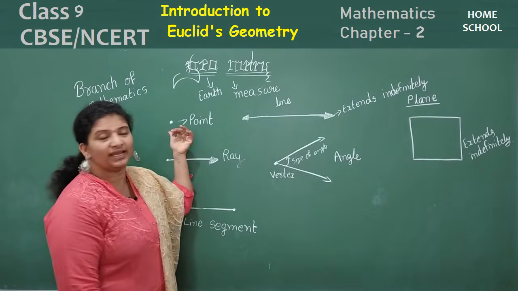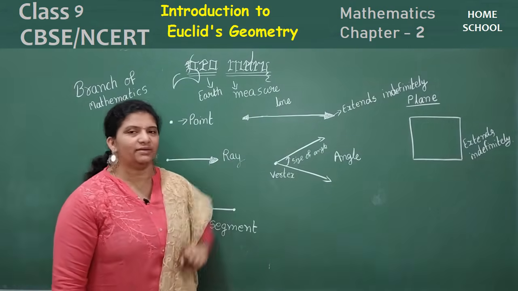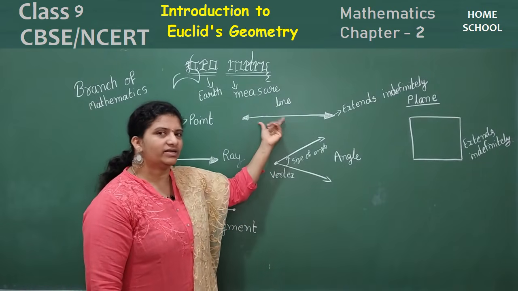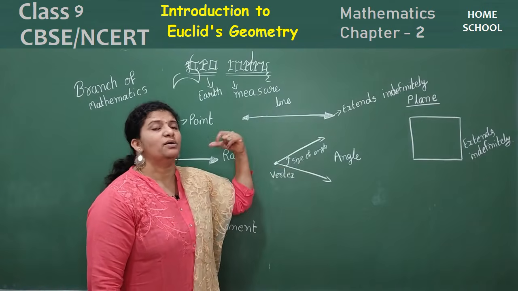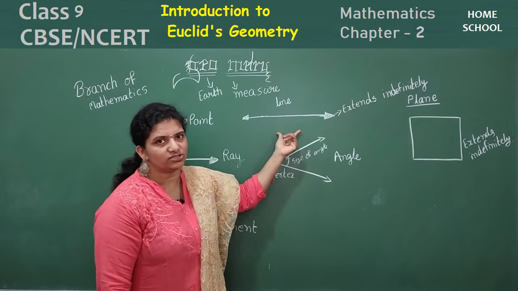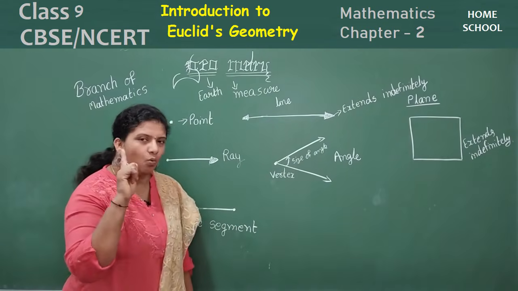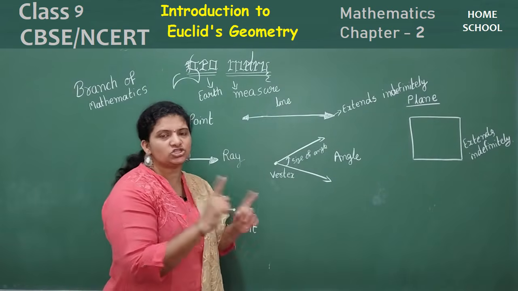It has no breadth, it has one dimension. What is that here, children? Length. A line is a length, or we can also say it is a breadthless length. A line has only one dimension and a line never stops.